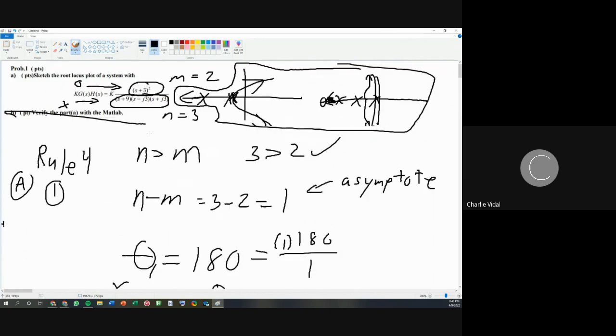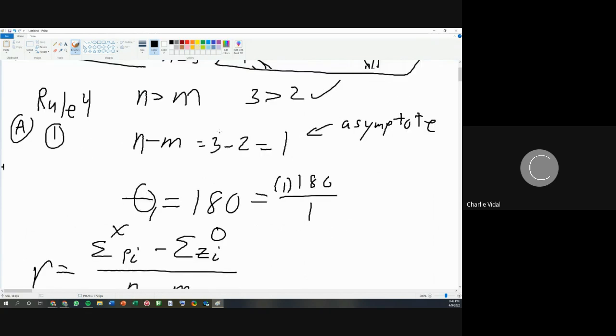For the sum of p, we're going to use all of these points over here. We're not going to use positive 9. We're actually going to use negative 9 because s is equal to negative 9. So we're going to use negative 9, positive j3, and negative j3 for p. And then we're going to use negative 3 for the z's.